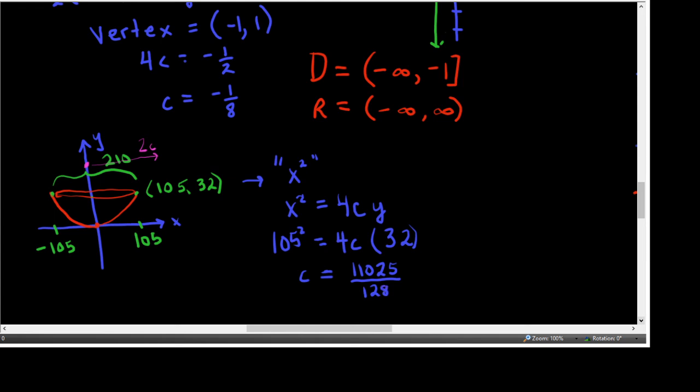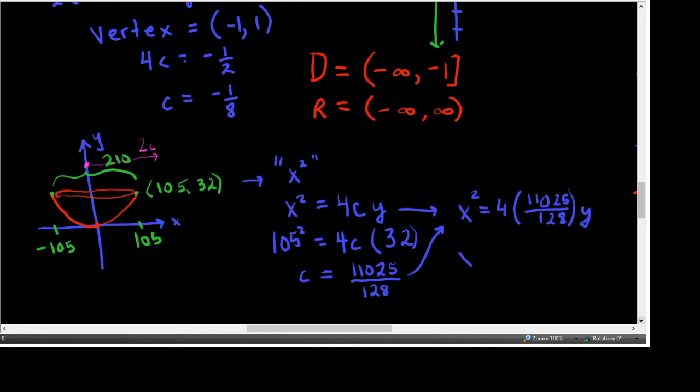So, putting that together with the equation we started with means that x squared is equal to 4 times our 11,025 divided by 128 times y.